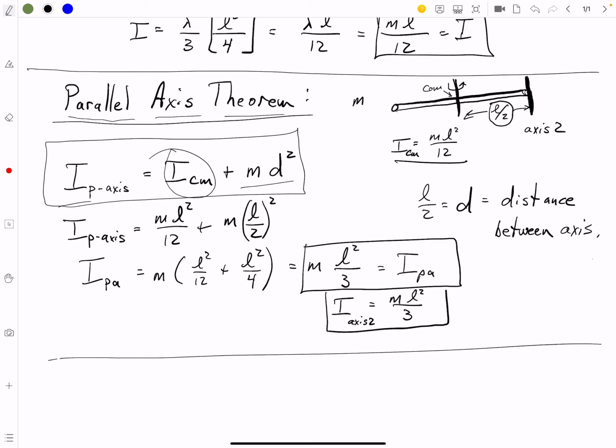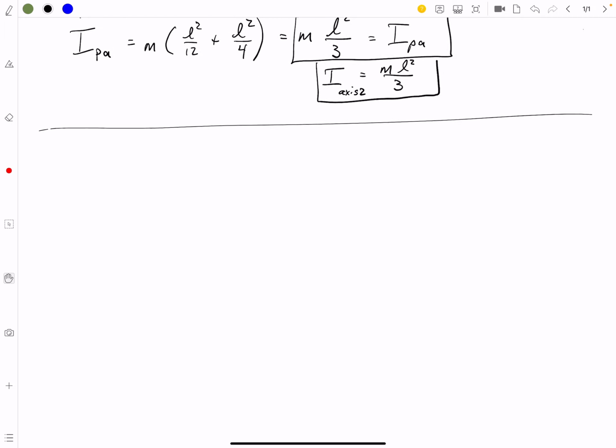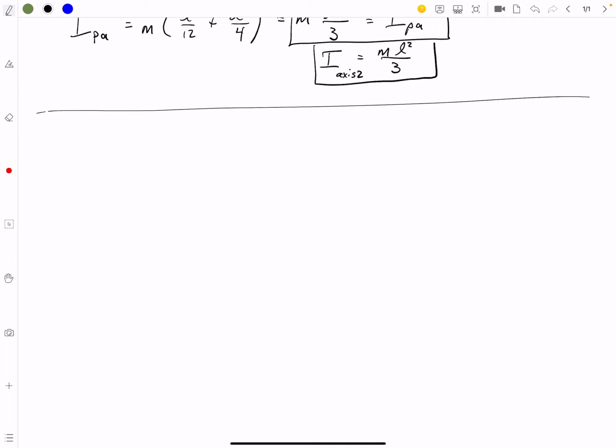Let's do a compound object. All right. Like a mallet. Let's do a mallet. Some people call it a hammer, mallet, whatever. You can do this object, okay?